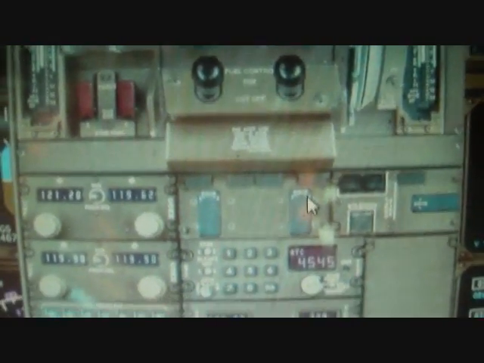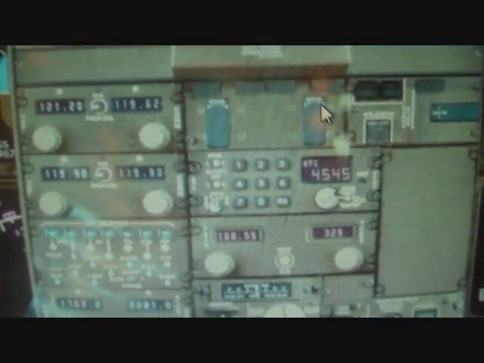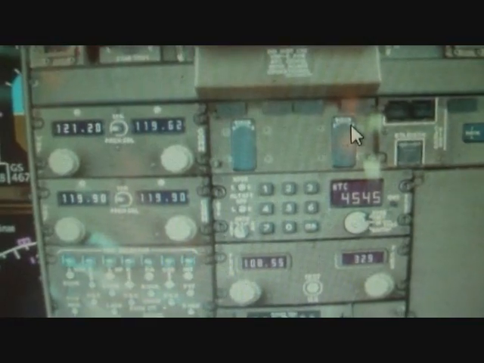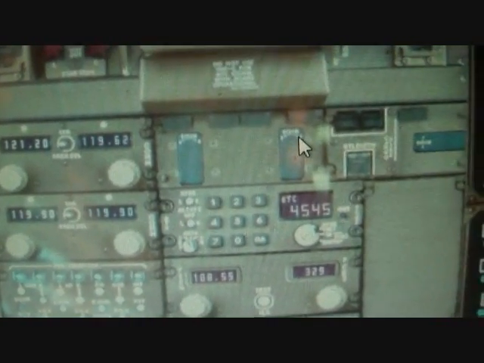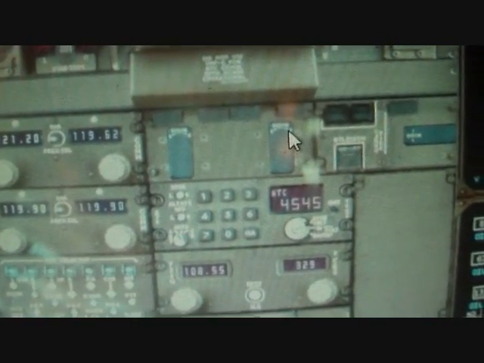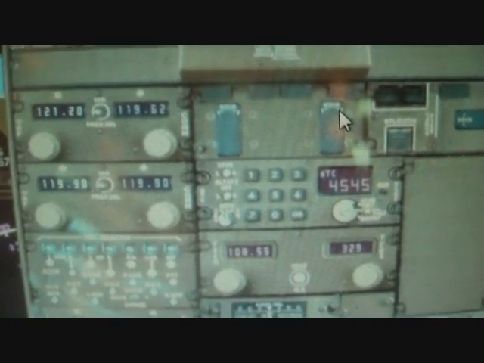This code 4545 is what the simulator gave this airplane for this particular flight. So when the air traffic controller in the simulator sees it, it can identify us easily, just like in the real world. In the real world, the transponder gives aircraft information, like the type and the altitude, and the air traffic controller can see it on the radar.